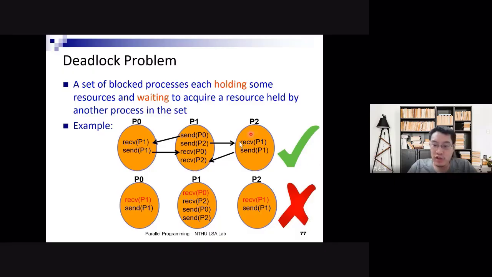If you are careless and write send and receive in an incorrect order, then it could easily run into the deadlock problem we mentioned. Just like shown over here, if you trace the code, you can easily see that P0 will wait on P1, P1 will wait on P0, and P2 will wait on P1. So at the end, no one can continue their execution. So it is a deadlock.